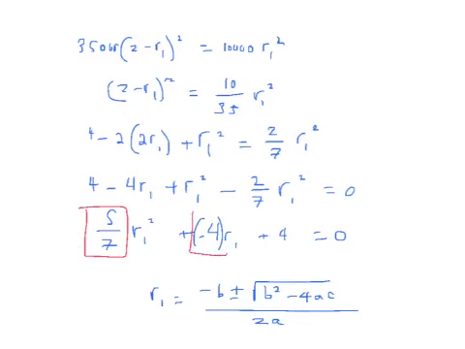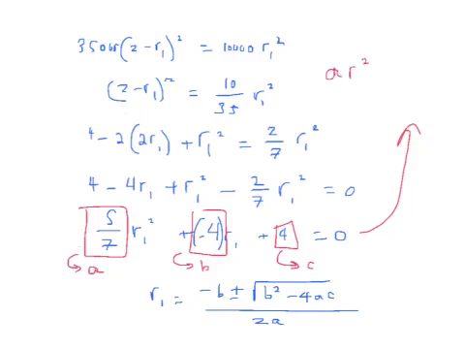So negative 4 is B, this is A, this is B, and then here is C. So what I've just done is I've said I'm going to rewrite this equation in the form A times the unknown squared plus B times the unknown plus C is equal to 0.